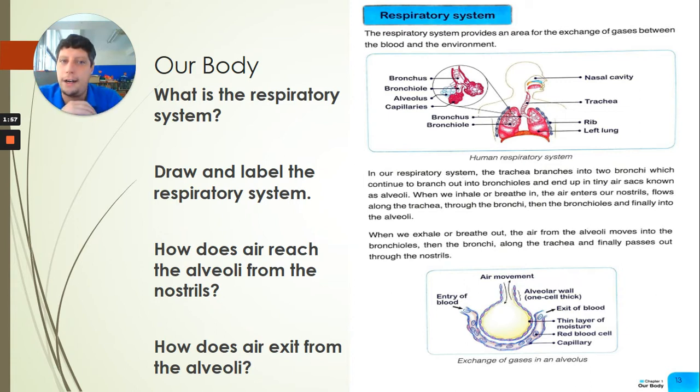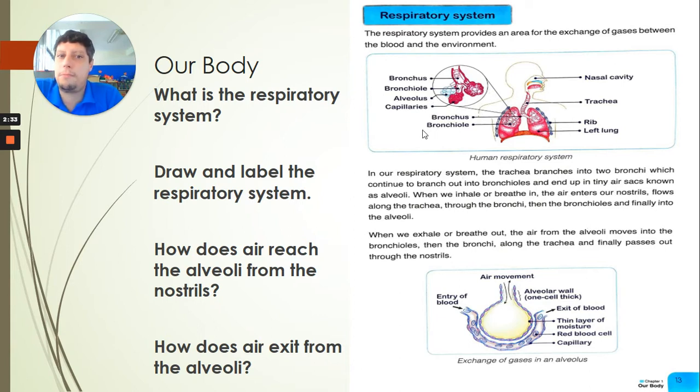And then within our lungs, we have bronchus and bronchiole, okay? And within the bronchus and bronchiole, we also have the alveolus and capillaries, okay? So I would like you to draw and label these, because this often comes up as a question in your health exams to label, in particular, the inside of the lungs.